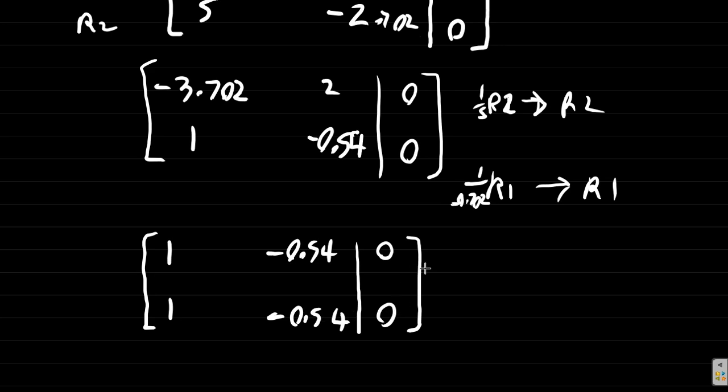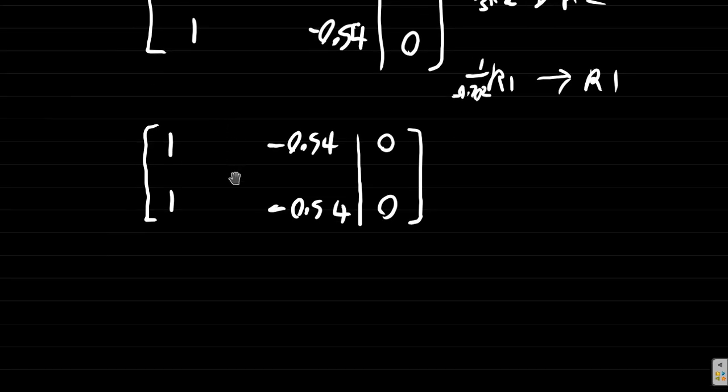Now here, you see, both rows contain the same thing, as expected. Now, there is no specific value for x and y. There will be no specific value. So let x be a certain number. The simplest number is 1.